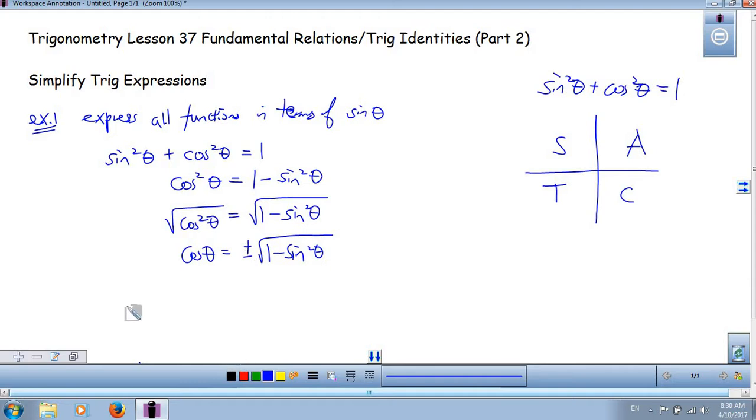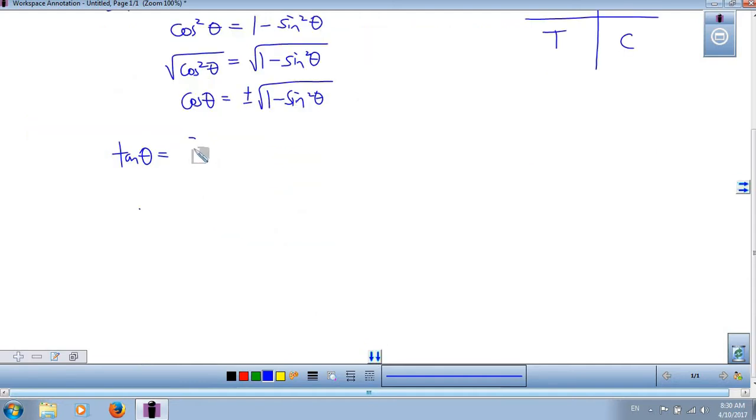Alright, what about tangent? How do I write tangent in terms of sine only? Well, tangent is equal to sine divided by cosine, right? So I can replace cosine with the expression we already got for cosine in terms of sine. So tangent is equal to sine over plus or minus the square root of 1 minus sine squared theta.